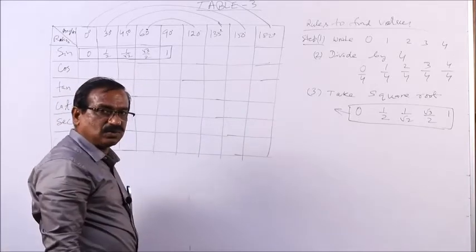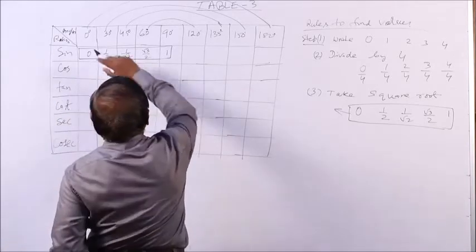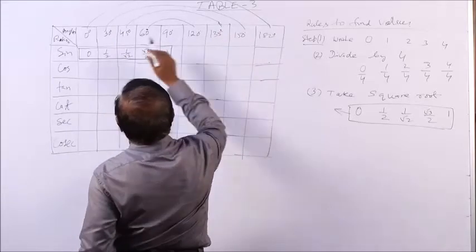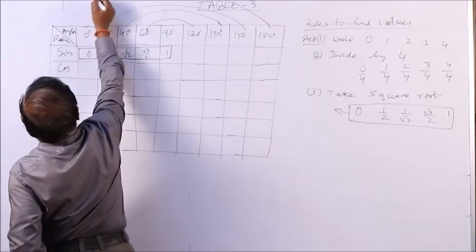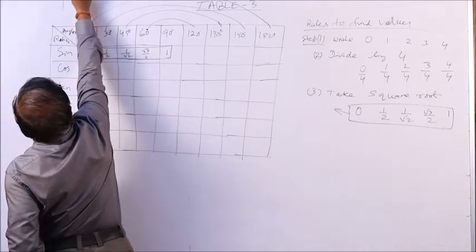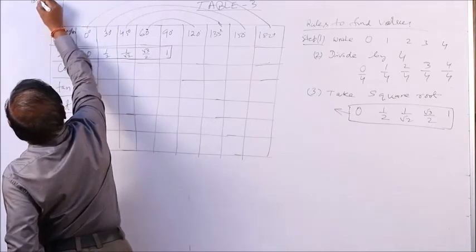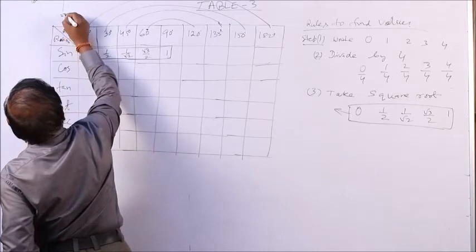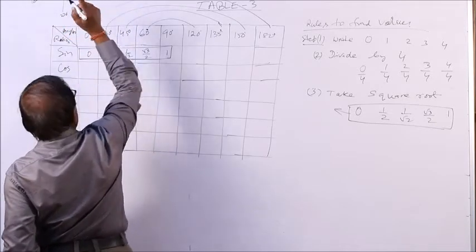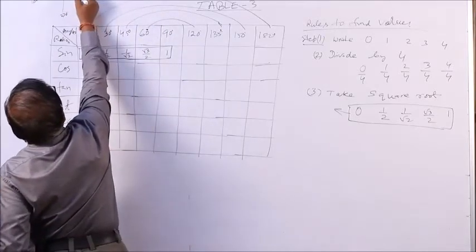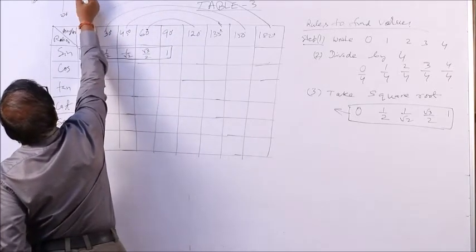So it is very easy to remember the values. Why have I given these values? Because from 0, 90 degrees, 180 degrees, 270 degrees and again 360 degrees, here all of sine, cos are positive.